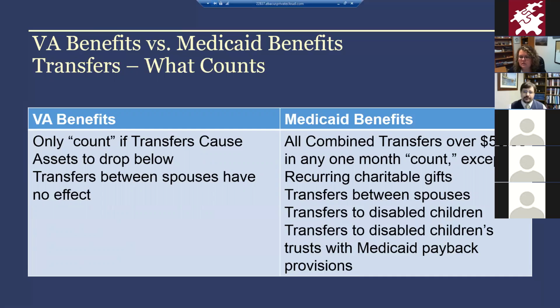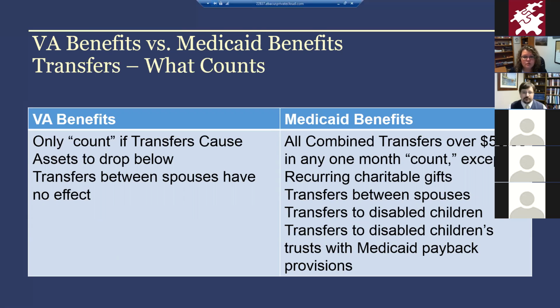Medicaid is going to allow those transfers that are under $50 a month. If you don't have any months in the last 5 years that you went over that, they're going to allow some recurring charitable giving, tithing to your church, maybe St. Jude's or some other organization that you can show proof of. Transfers between spouses are allowed.